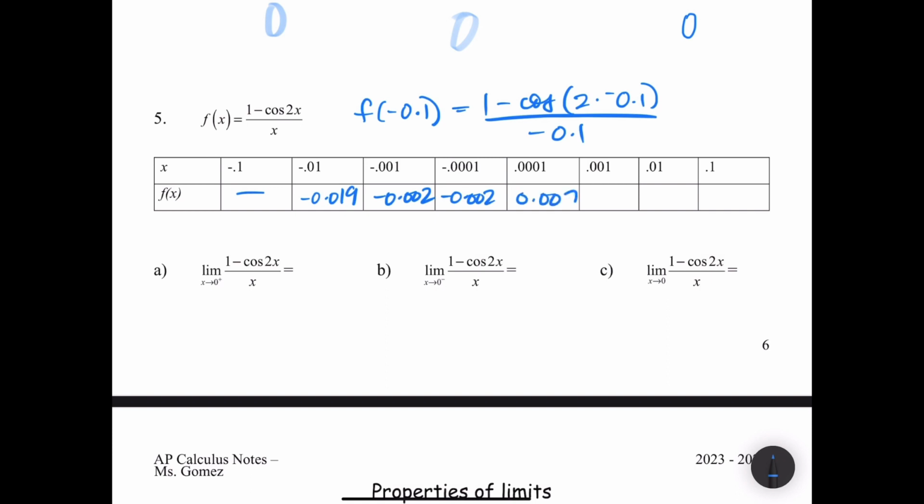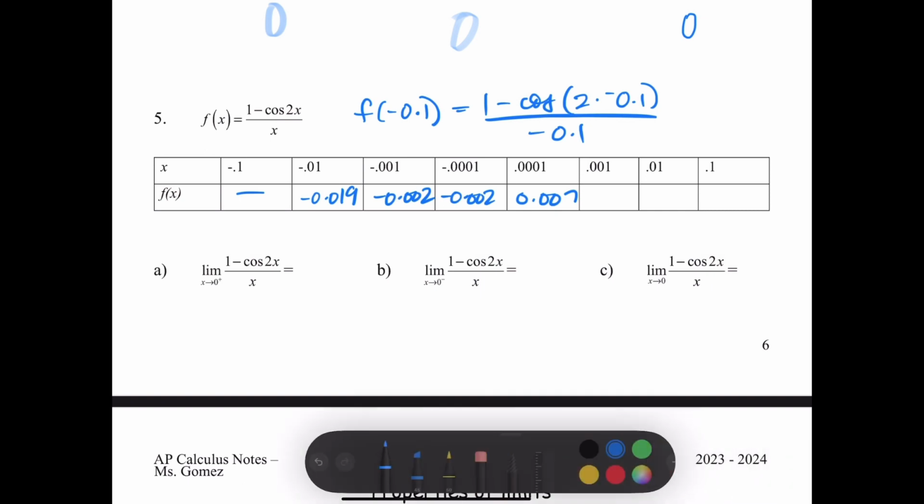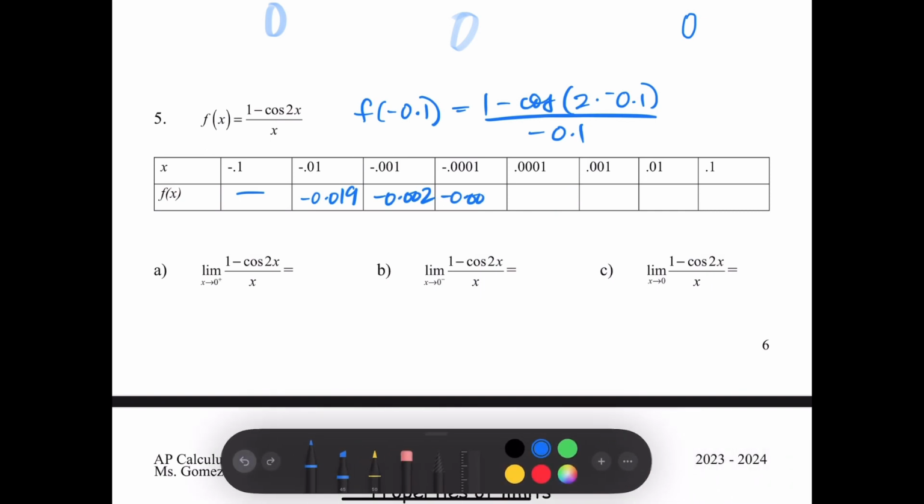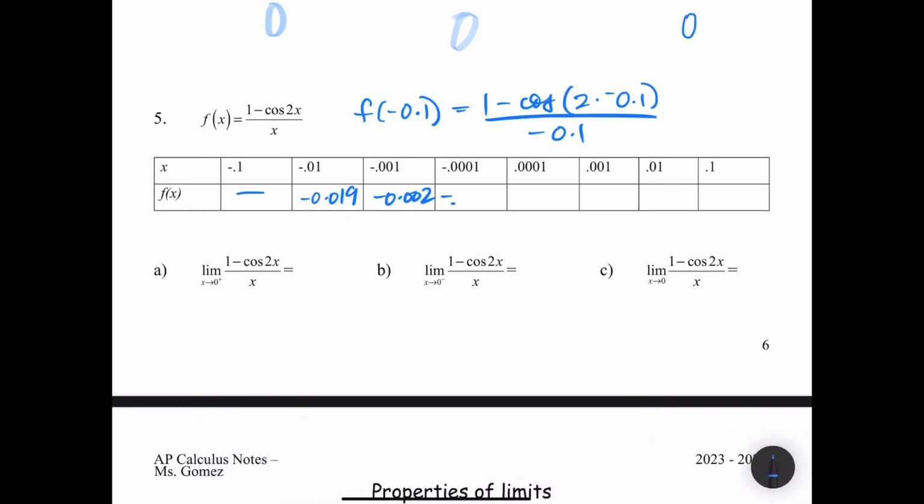Oh, there's 3 zeros in here. My apologies. There we go. And I didn't finish those two.